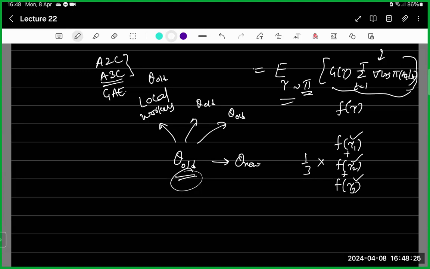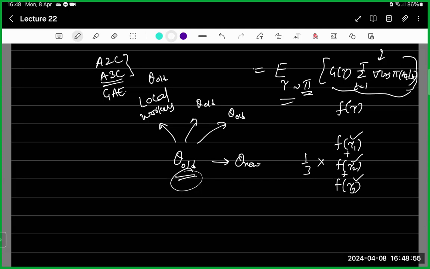Okay. So at a high level, this is the underlying principle in A3C, etc. Now the question is whether you want to do it in a synchronous way or an asynchronous way, right? Right now you have some theta old. You give this theta old to all these three workers. Every worker will see a trajectory, and they might take different times to compute that.